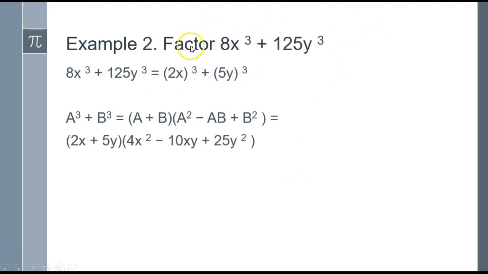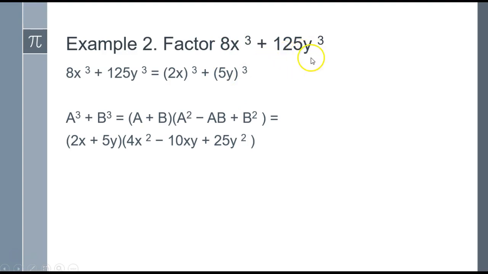For example, this one has an 8 in front of the x cubed. Now this time I have a sum, but I do have a formula for factoring the sum of two cubes. If these are squared, I can't factor it, but because they're cubed, I can. So 8 is 2 to the third power, which means cubed, and 125 is 5 to the third power.